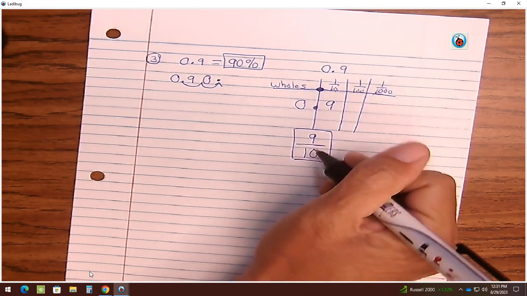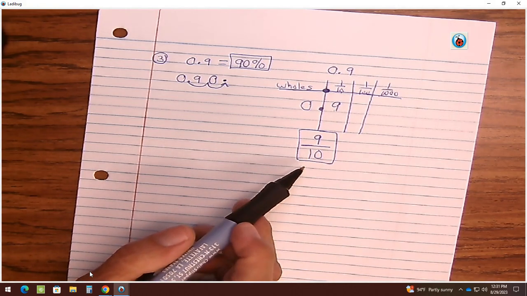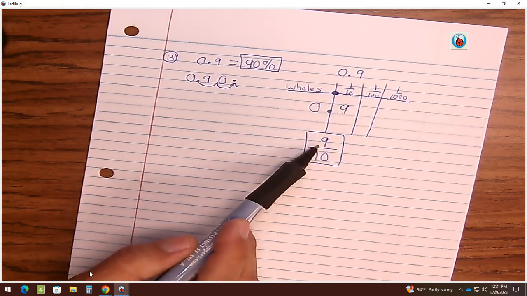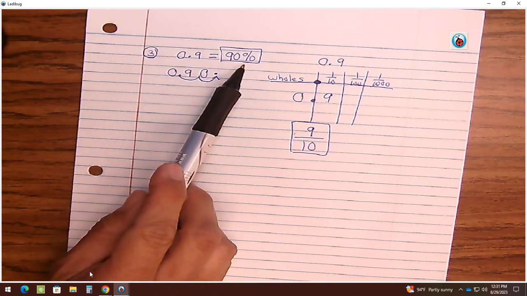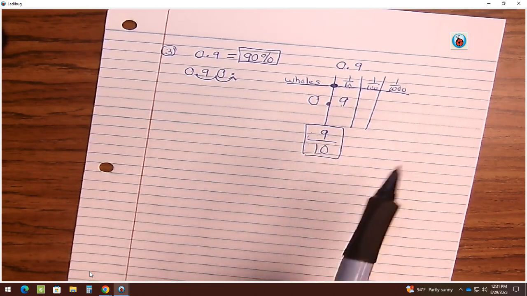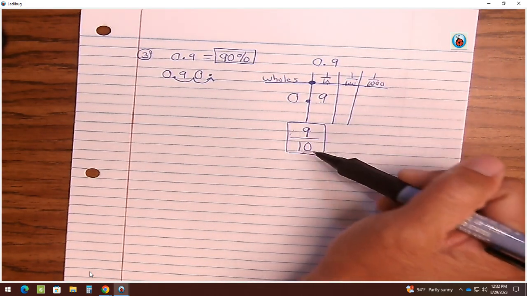I'm not having you simplify because this is already simplified, just so you know. But I'm not having you simplify. Once you have the fraction right off the place value chart, you stop there. So there's my 2 answers. Decimal to percent was 90%. Decimal to fraction was 9/10. And all I did is, since the 9 stopped in the tenths, it's 9 out of 10.